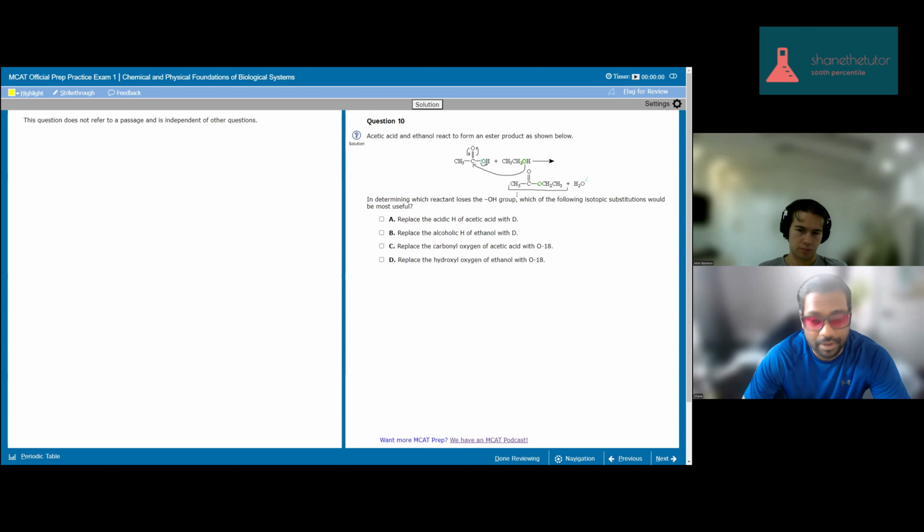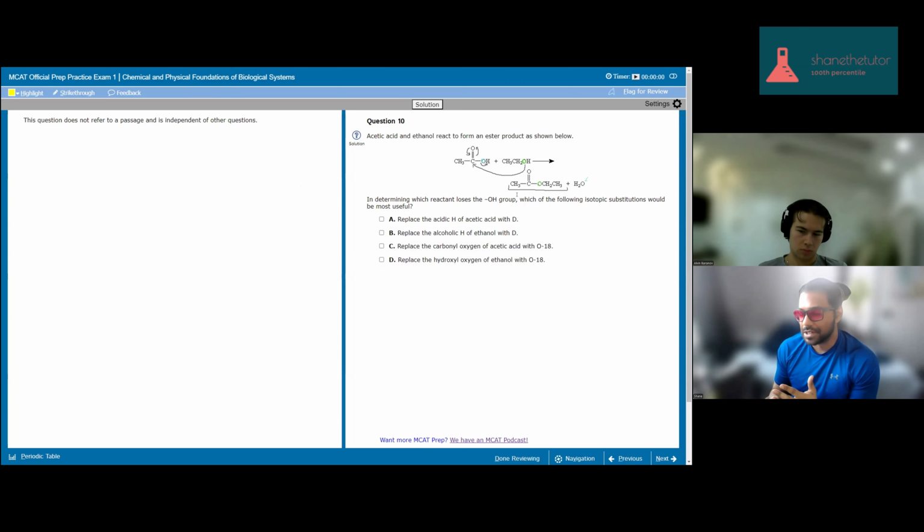Basically, if I give you a beaker of acetic acid and a beaker of ethanol, and you label the oxygen of the ethanol, and we mix them and we get the label in the product, then we know that the reaction worked. So that's how we know mechanisms.